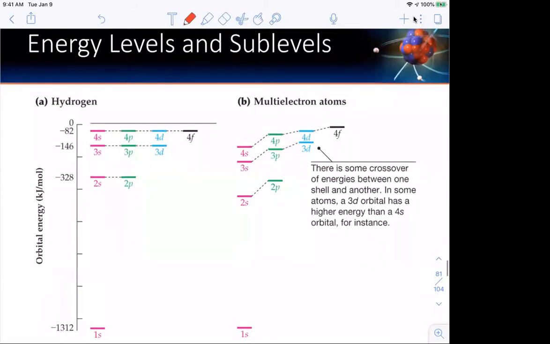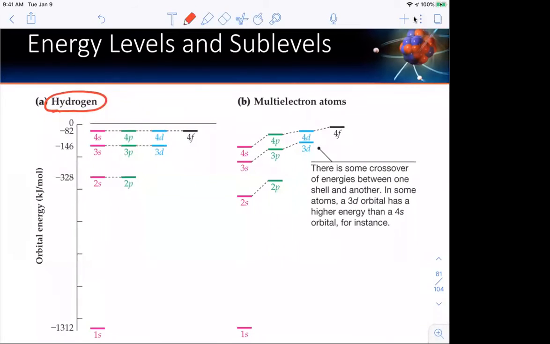Now, hydrogen is well studied. Hydrogen is what we based a lot of our quantum mechanics on because it's simple. Keep it simple, stupid, isn't that kind of a mantra? Hydrogen is one proton, one electron. So that one electron is probably the most studied electron in the history of science. In fact, it is the most studied electron.